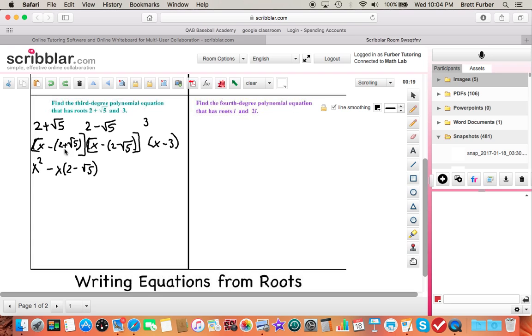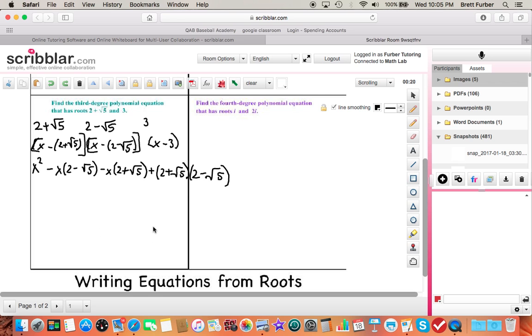And then I have to do the inner, which is x and negative 2 plus the square root of 5, so that's going to be negative x and 2 plus the square root of 5. And then the last are negative 2 plus square root of 5 times negative 2 minus square root of 5, so that's going to turn to a positive.